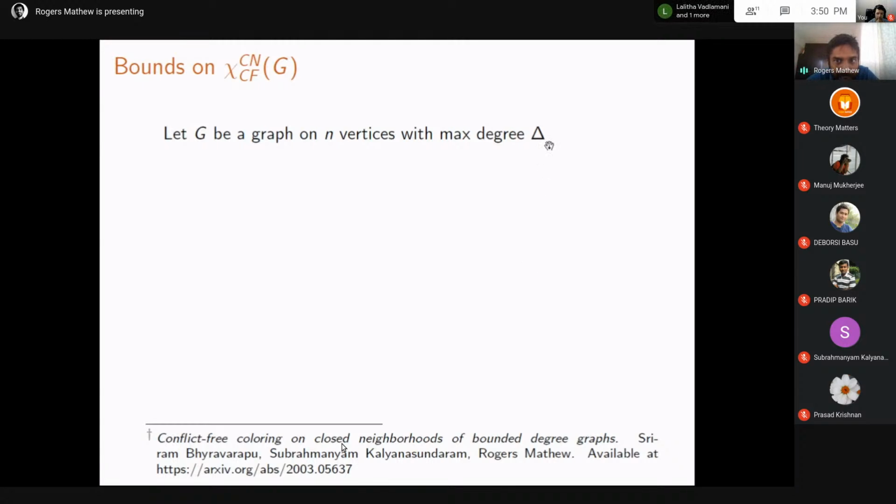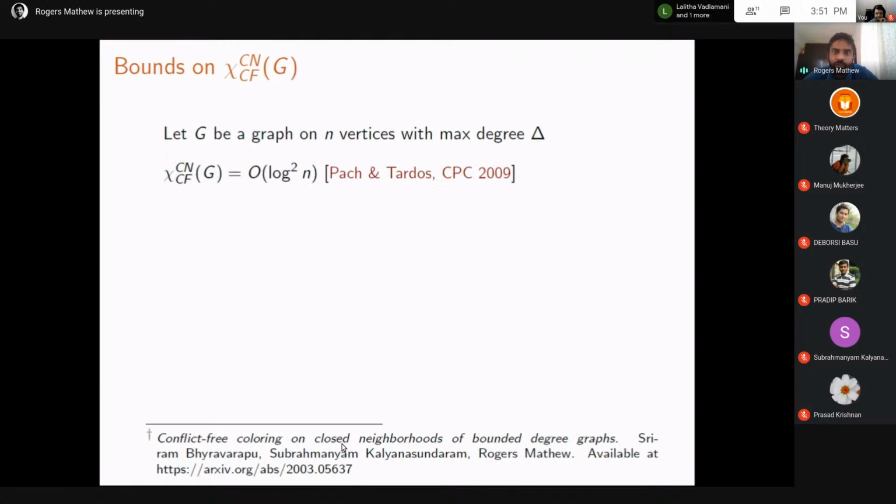So clearly delta is less than or equal to n minus 1, because a vertex can have at most n minus 1 neighbors. It cannot have itself as a neighbor. We don't think of self loops; we are just looking at simple graphs.